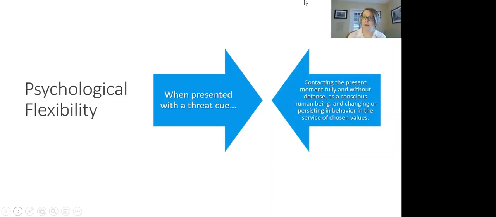So in other words, even though there might be a fear cue there, which in the past has evoked an avoidance response on our parts, we might experience that fear cue, experience fear, and make a different choice in what we're going to do. That's irrespective of that, right?